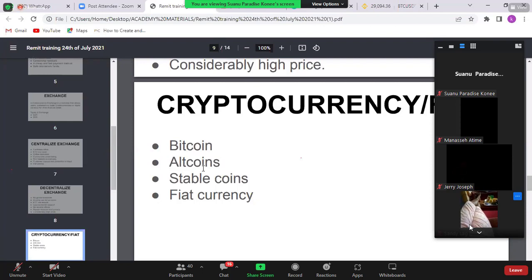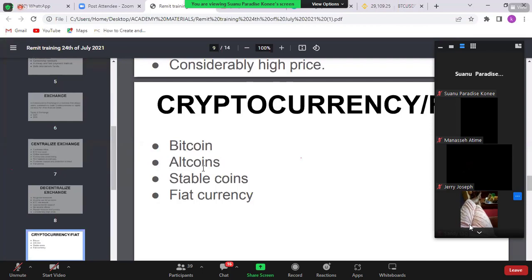So, Ethereum is an altcoin. BNB is an altcoin. Solana is an altcoin. The only one that is not an altcoin is Bitcoin, as it is the first ever created cryptocurrency.